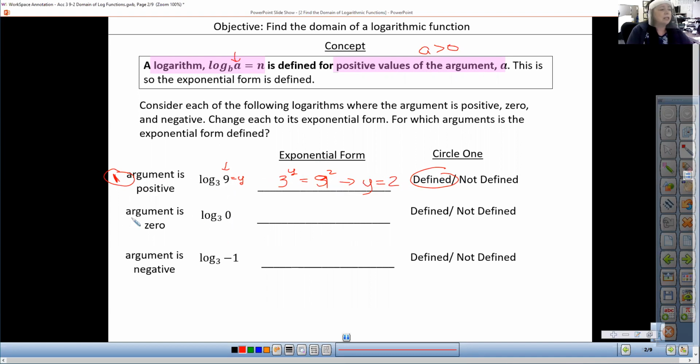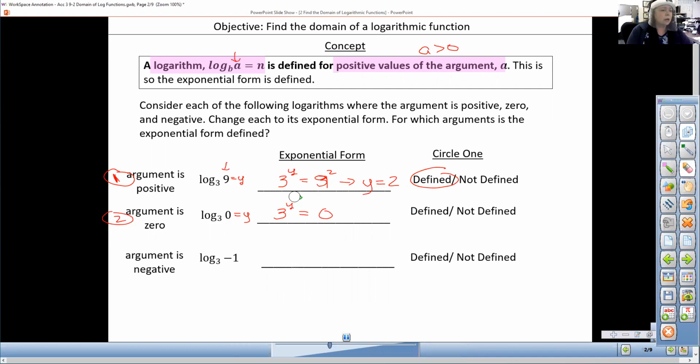If my argument here in the second case is 0, then this is equal to some exponent. I'm saying 3 to some exponent must be equal to 0. But if you recall, if y is a positive number, 1, 2, 3, and so on, you're going to get numbers bigger than 1. If y is equal to 0, remember that would be equal to 1. Anything to the 0 power is 1, so that doesn't work.